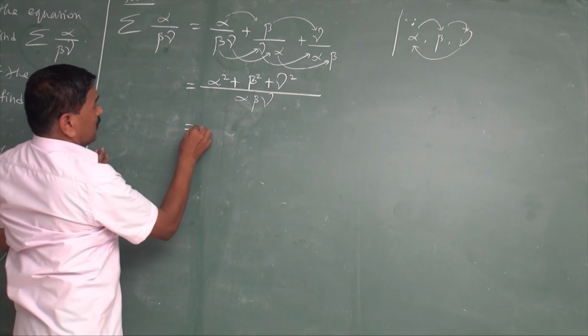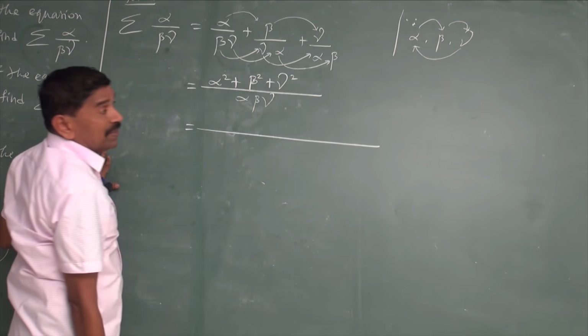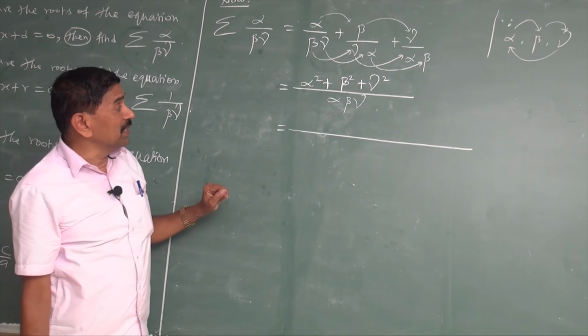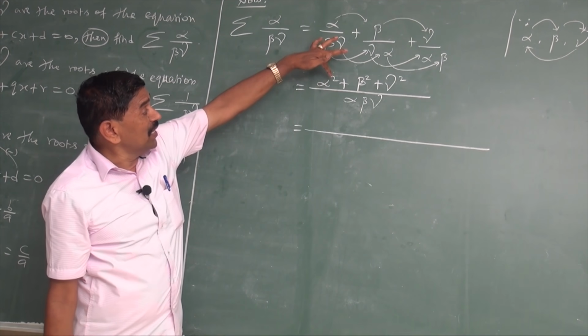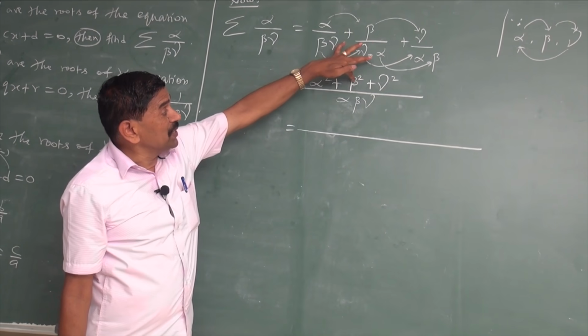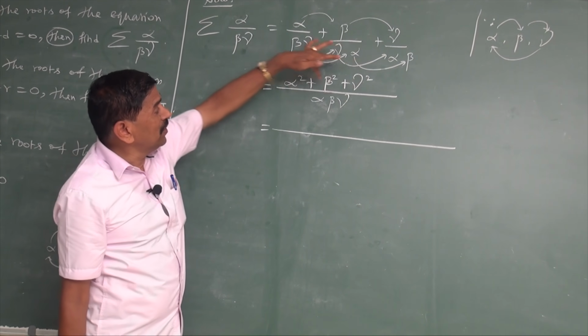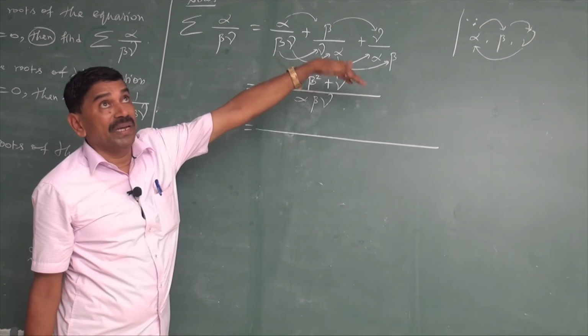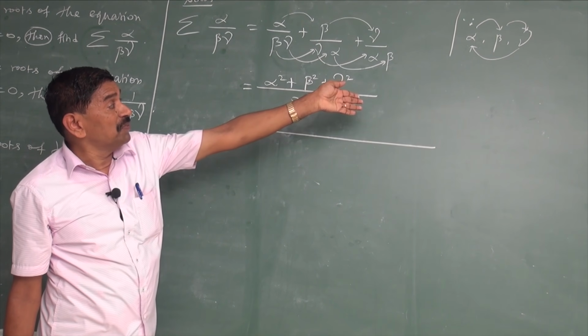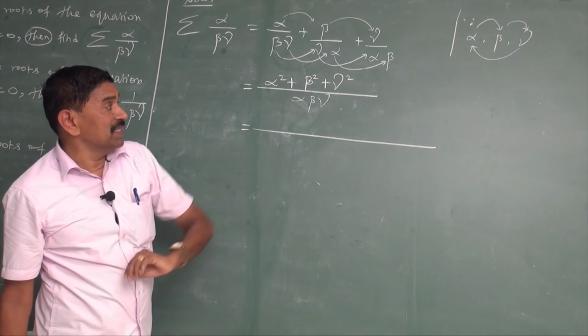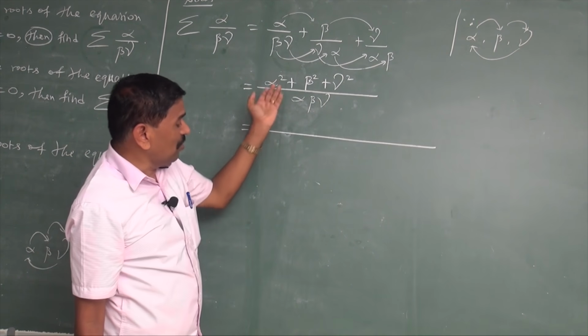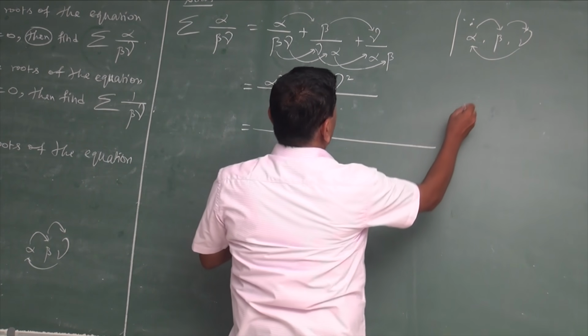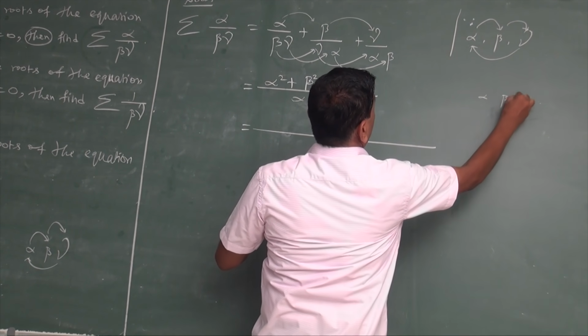Now already we have learned 3 plus 3, 6 basic formulas. From the basic formulas, listen: a square plus b square plus c square is equal to a plus b plus c the whole square minus twice of ab plus bc plus ca. Where a, b, c are converted to alpha, beta, gamma, we get, again in cyclic order, alpha beta gamma.